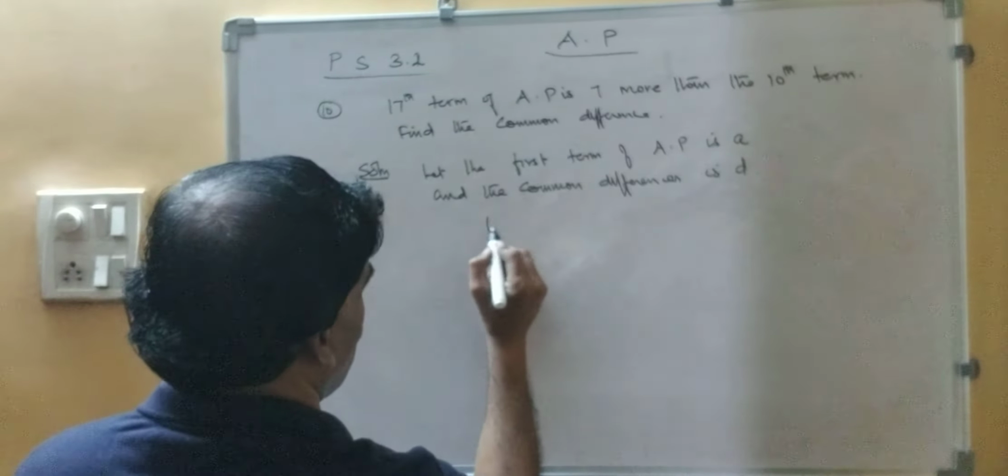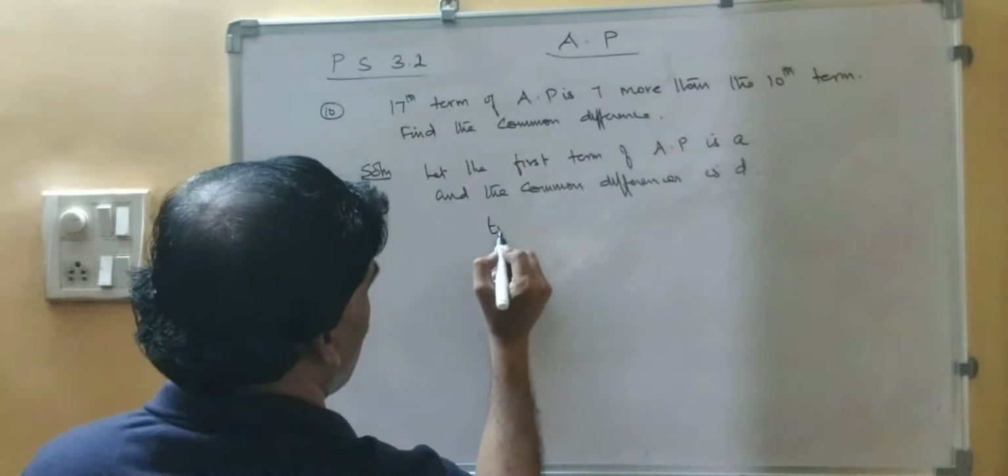Therefore, what is the formula? Tn equal to A plus n minus 1 into D. This is the formula. Now the 17th term, they said, no? So we will put n equal to 17. T17 equal to A plus 17 minus 1 into D. That means T17 equal to A plus 16D.